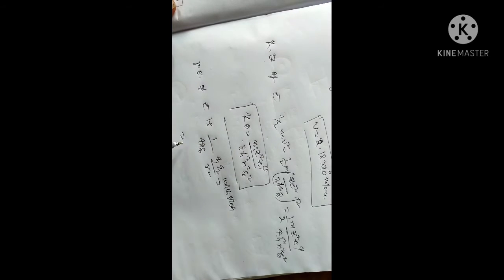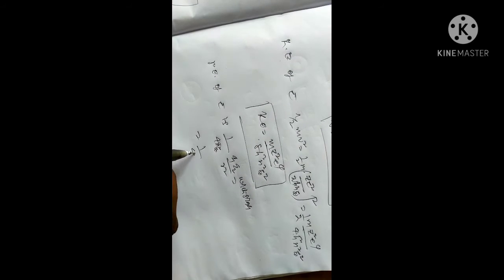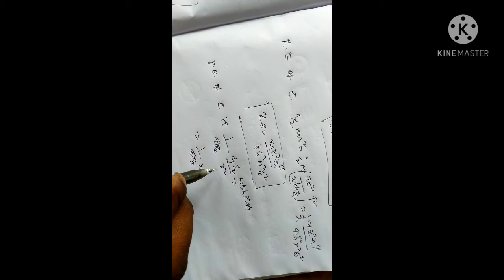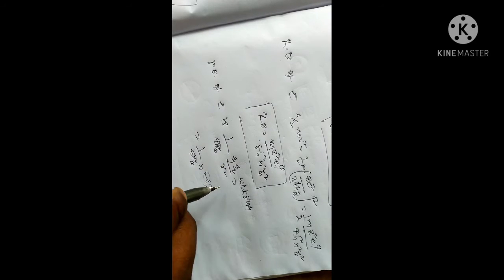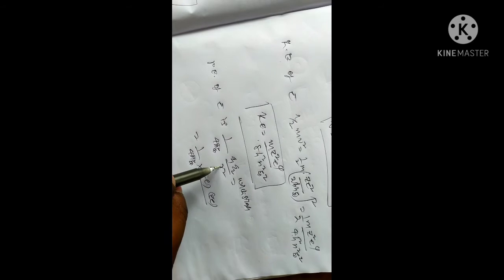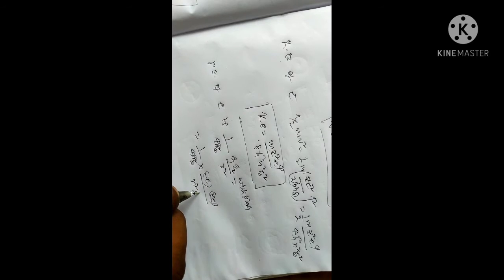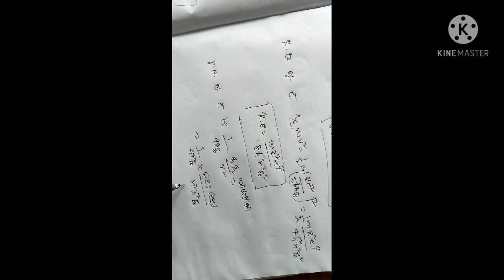Here q1 means the electron, which is a negative charge, and q2 means the nucleus, which is Ze, positive. Next, substitute the r value: r square is n square h square epsilon naught divided by pi m Ze square.